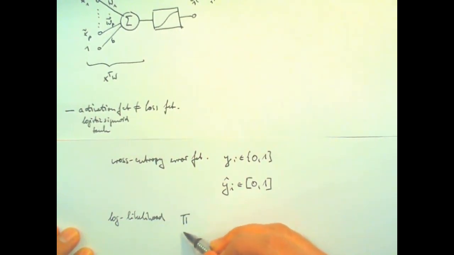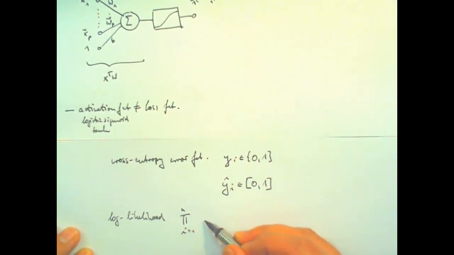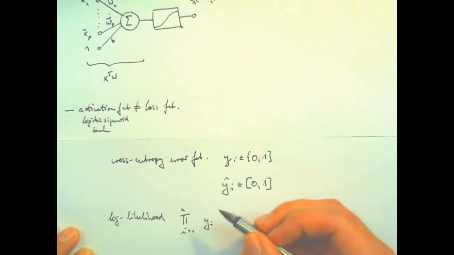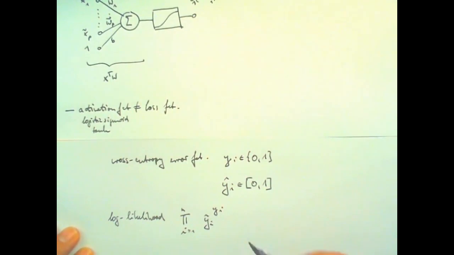So we have a product over all samples, and then we have, I need to figure this out, I think we have yi hat to the power of yi. Don't copy this down yet, I need to make sure this is correct.